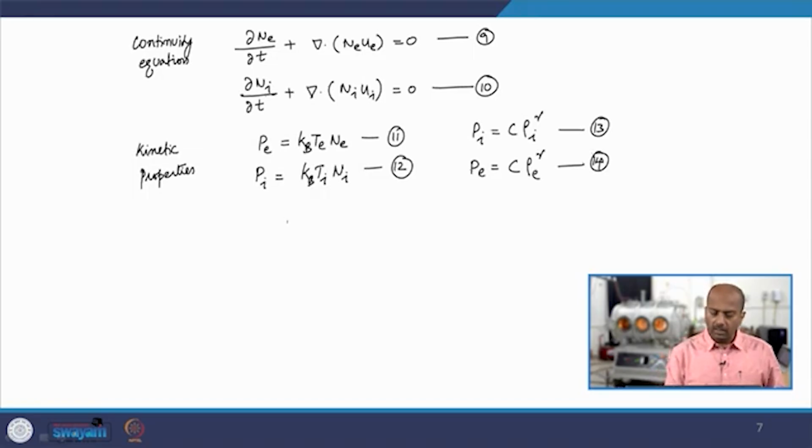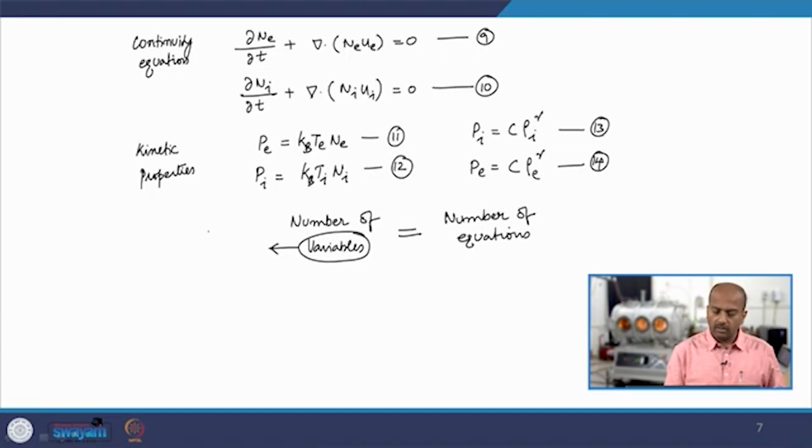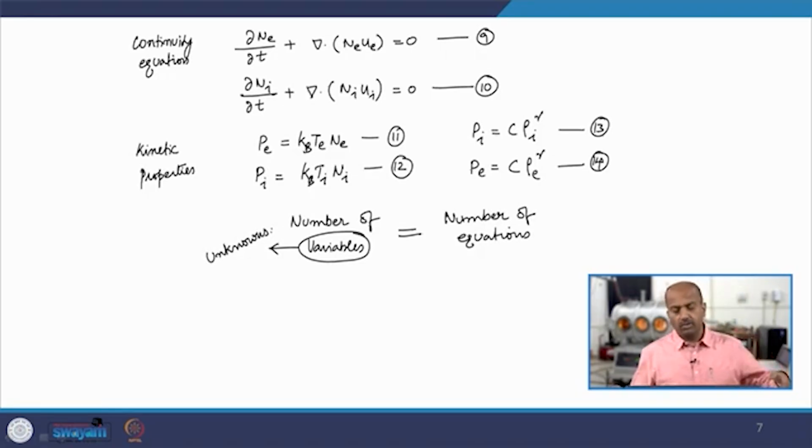Ideally, a condition must always be satisfied when solving equations: the number of variables, or as we are more familiar, the number of unknowns, should always be equal to the number of equations.